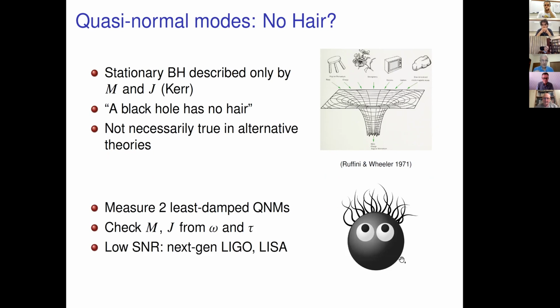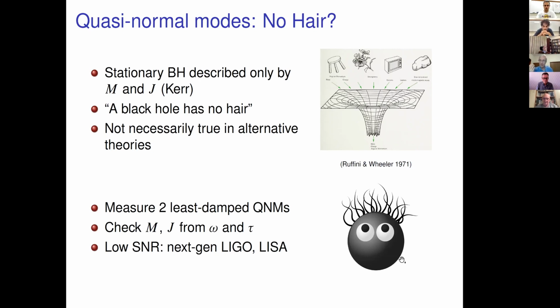So the idea of the no-hair test goes back several decades. Suppose you have a gravitational wave detection, and you're able to measure at least two of the quasi-normal modes, presumably the two least damped modes that will survive the longest.